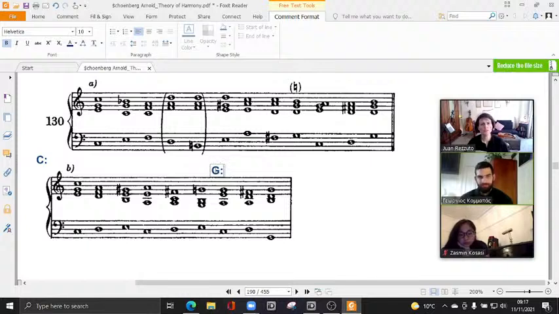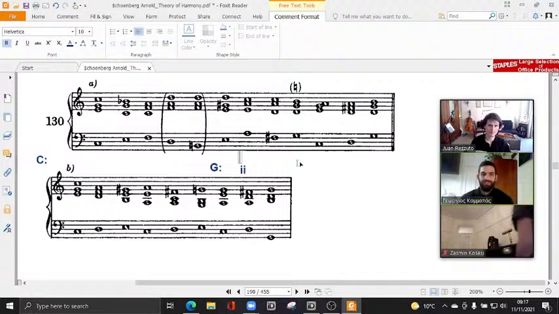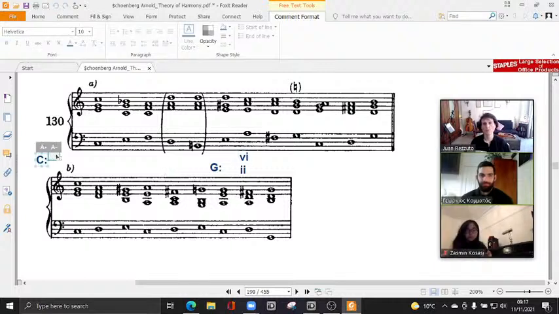Should we put the G under this chord or under that chord? Put the second degree under the A chord. If we are in C, it is the sixth degree.